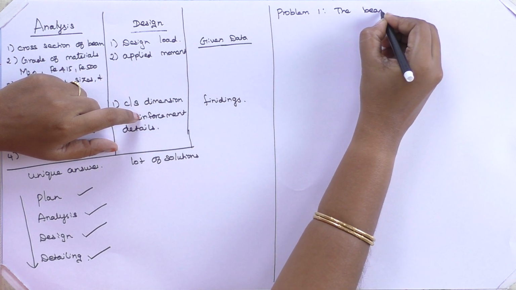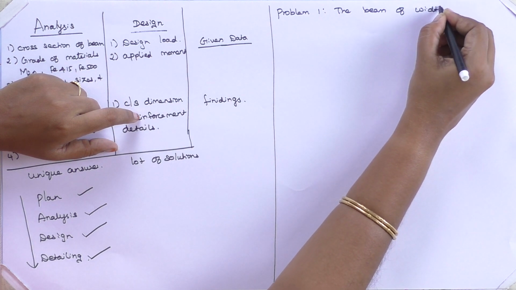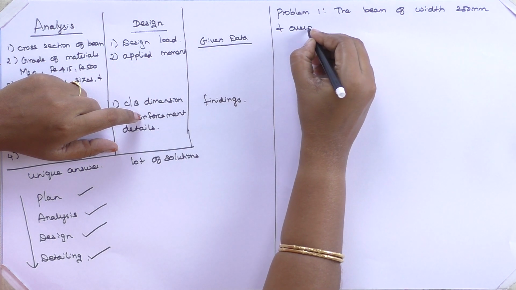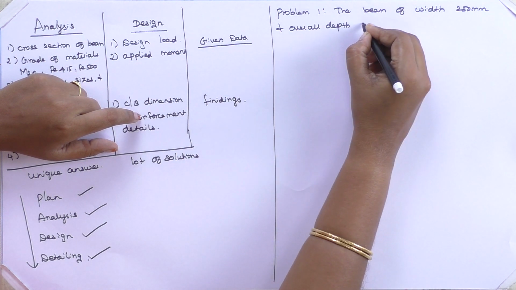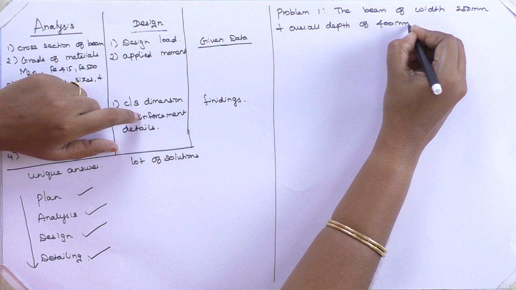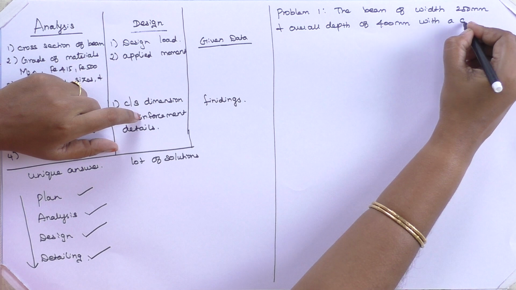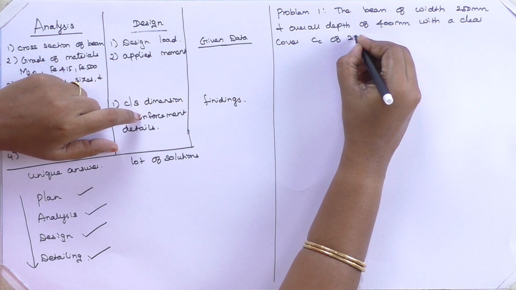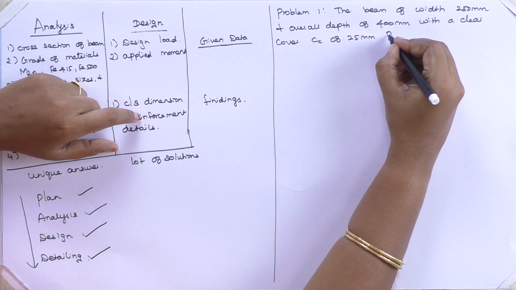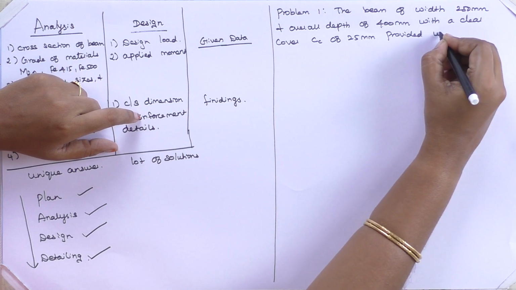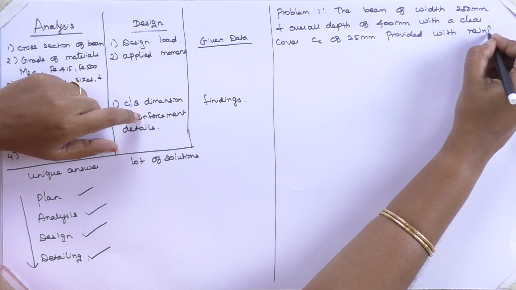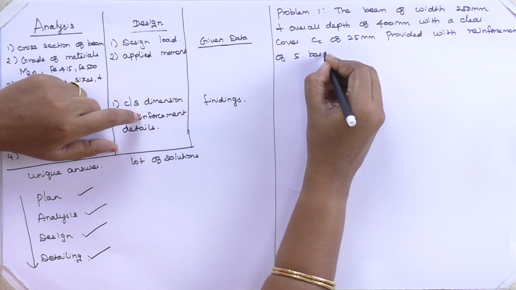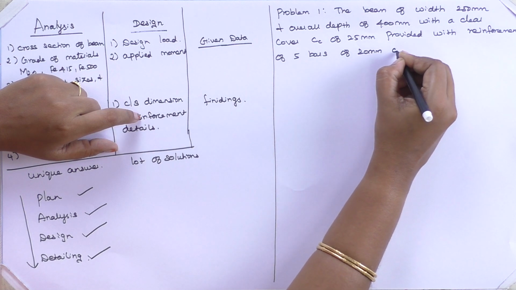The beam of width 250 mm and overall depth of 400 mm with a clear cover CC of 25 mm provided with reinforcement of 5 bars of 20 mm diameter.